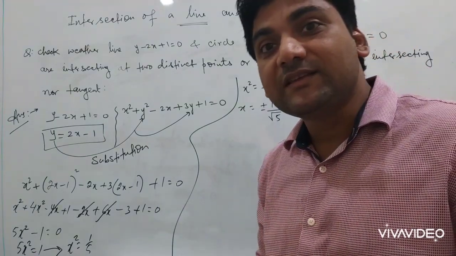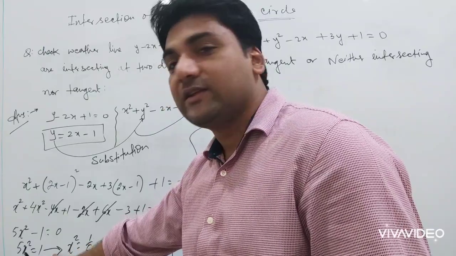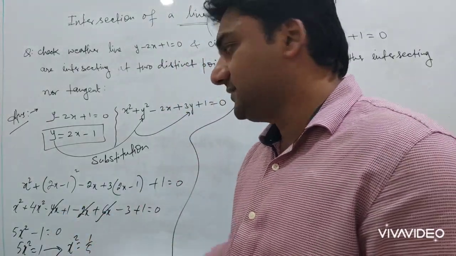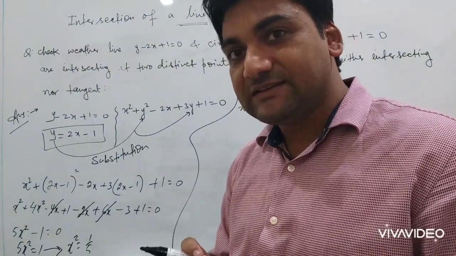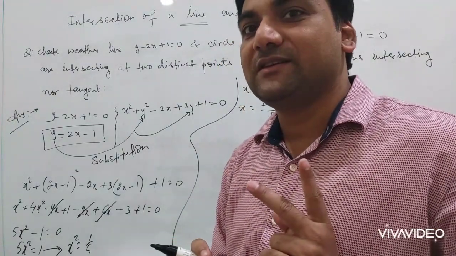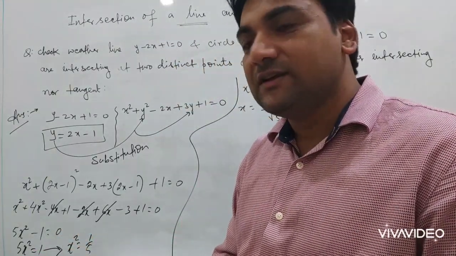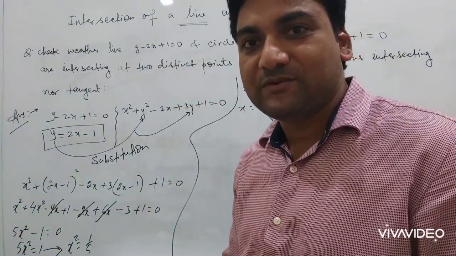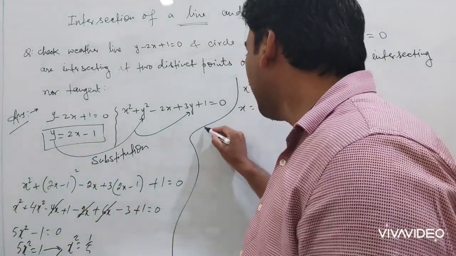But you guys are thinking, sir, this is a very simple quadratic you got, and x and x got cancelled, that's why. But you have explained to us in terms of b square minus 4ac. But here you got a very simple equation. So can you relate this equation with the b square minus 4ac concept so that it will be easy, because you have taught like that? Yeah, sure, no problem.